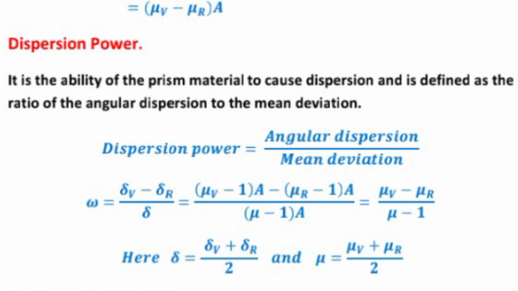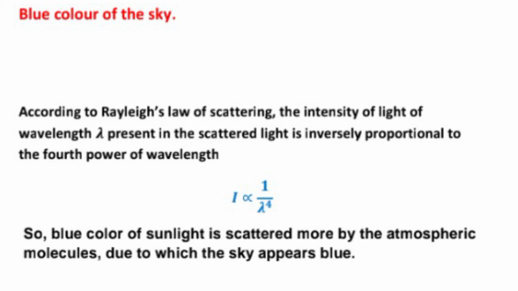That will be equal to mu V minus 1 into A minus mu R minus 1 into A upon mu minus 1 into A, and it will be equal to mu V minus mu R upon mu minus 1. Here delta equal to delta V plus delta R upon 2 and mu equal to mu V plus mu R upon 2.